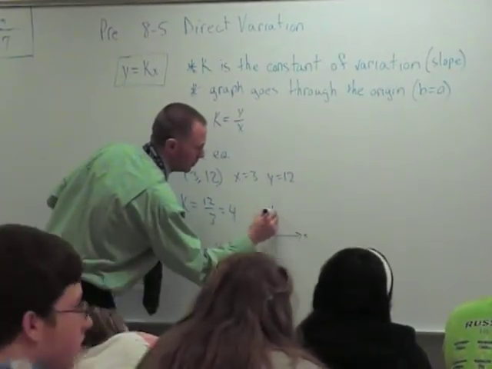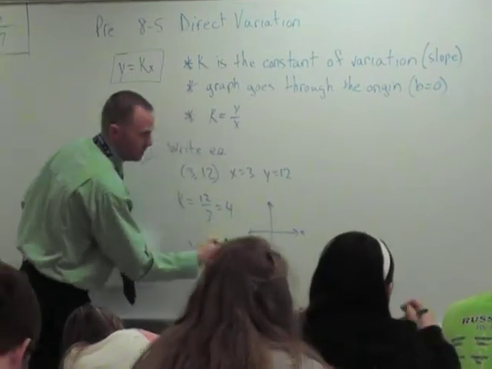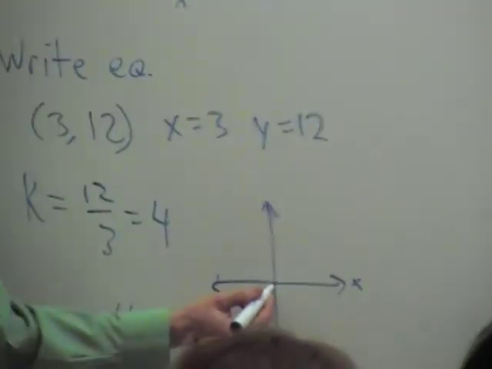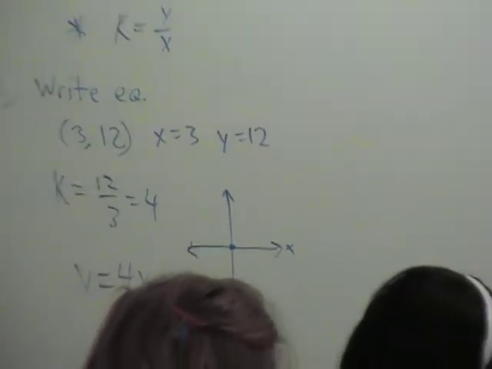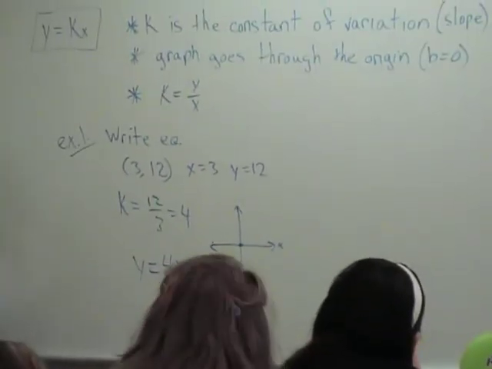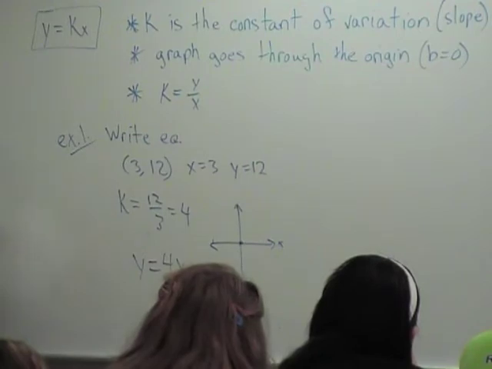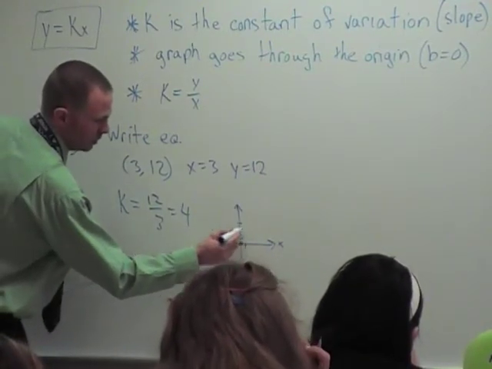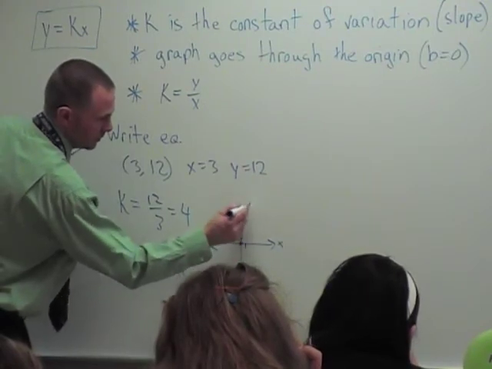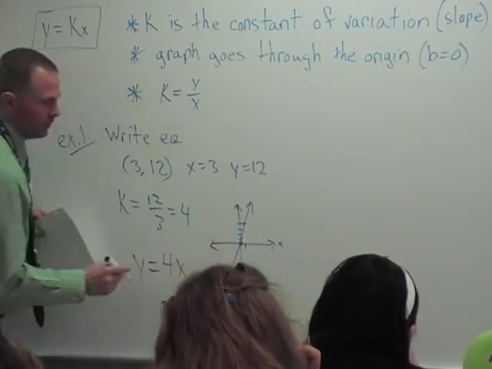It goes through the origin, right? This b is 0. And what's my slope? As a fraction? 12 over 3 or 4 over 1. You have 4 over 1 here, up 4 and over 1. And that would be the graph.